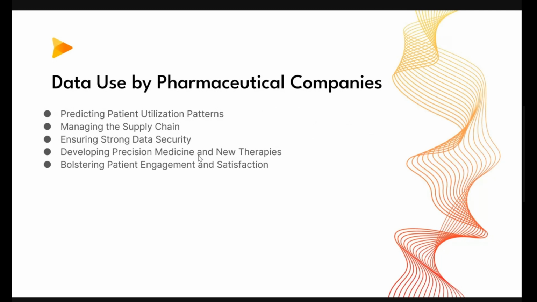They also predict patient utilization patterns, how patients actually use medicines, and then manage the supply chain, which is a big thing. The medicine is available, but it's not available in the medical stores. So there is a problem of the supply chain as well. You have a medicine, but it's not available in your neighborhood medical shops.